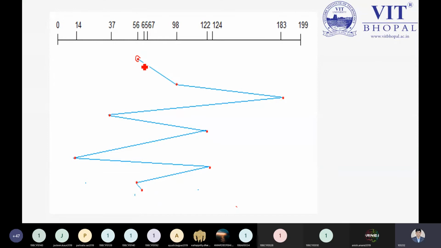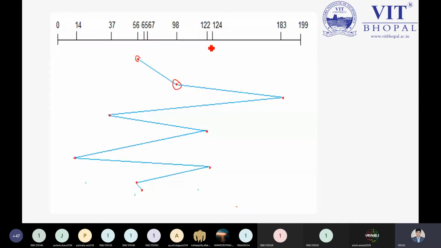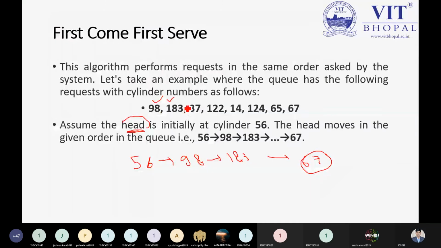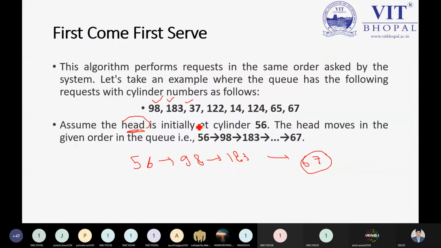Which is the next one? That is 98, so I move to 98. After 98, the next value is 183, pointed over here. Then the next value is 37. Thereafter we have 122, and then 14.